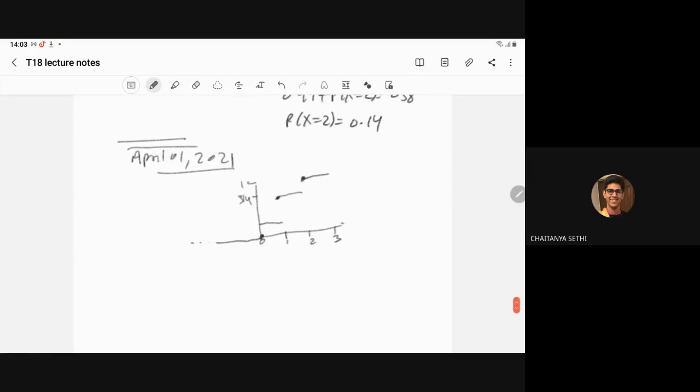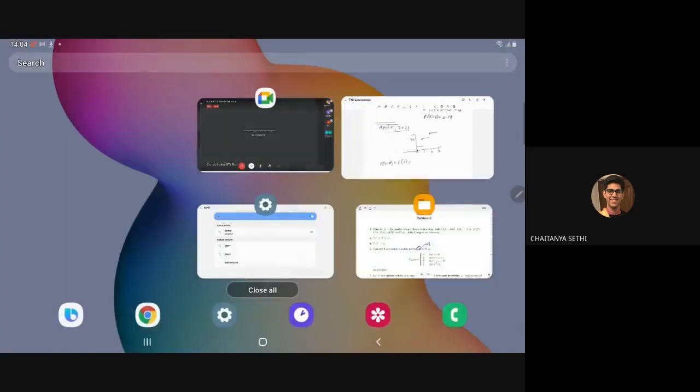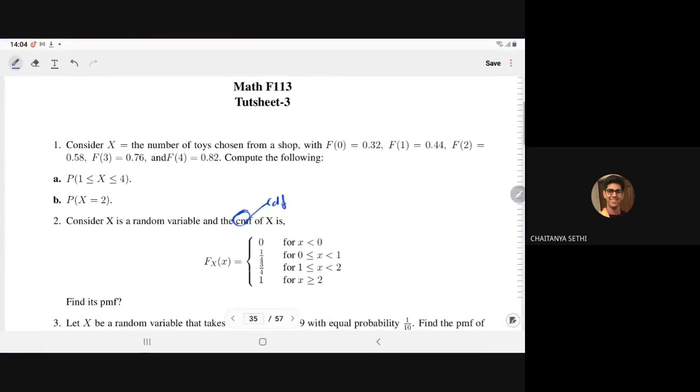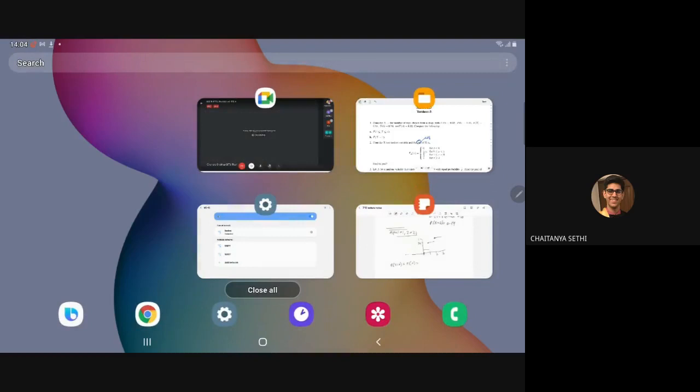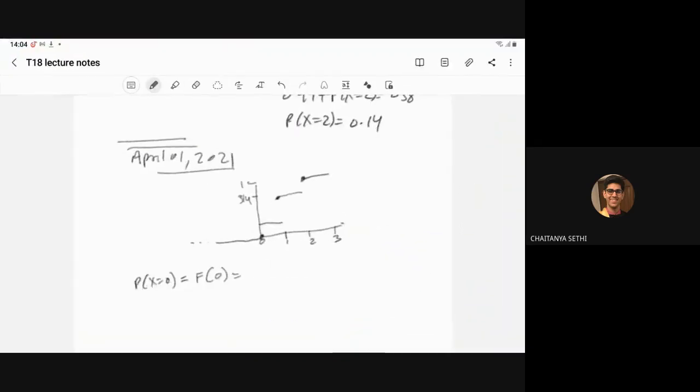So to compute the PMF, if you have to compute P of x equal to 0, it is F at 0, and F at 0 is given to you as 1 by 4. So it will become 1 by 4.